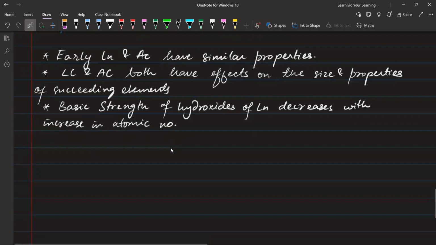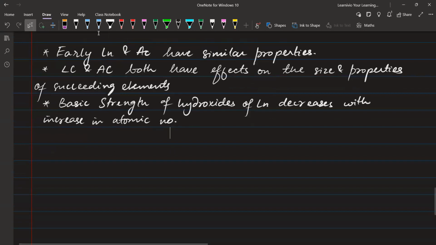Okay. Now you write lanthanoid and like this.